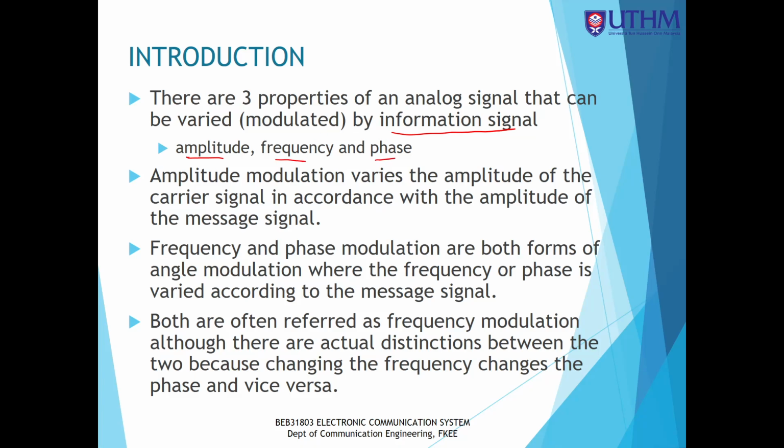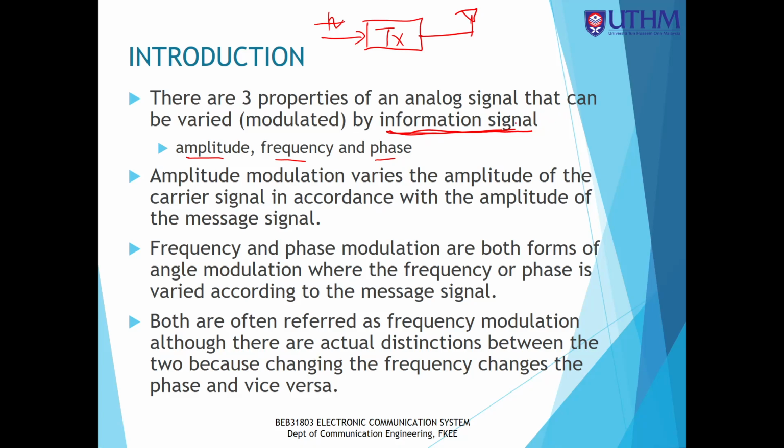Okay, so as I drew previously, for example here in the transmitter, this is the input message. We call it the information signal. You will see that the input has a few names given in your lecture notes.